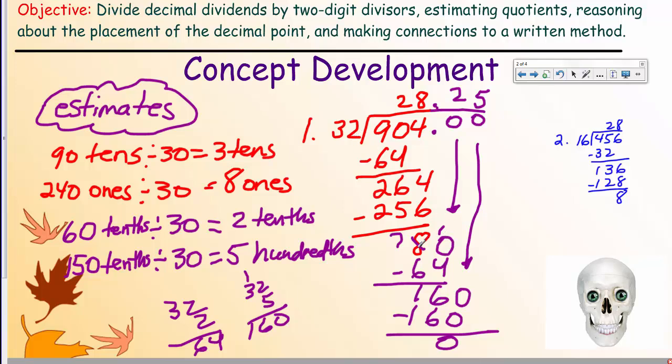We had 8 left over from the dividend, the regular whole number. So we broke that up into tenths, and we continued to decompose each place value into the decimal place all the way to the hundredths place until we arrived at that quotient here of 28 and 25 hundredths. Okay, I hope you're with me on that.